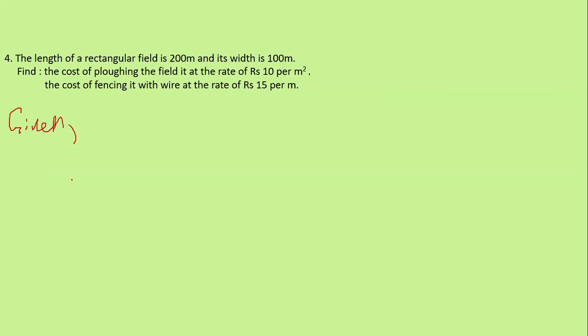The length is provided to us of the rectangular field, which is 200 meter, right? Then the width, or we can say breadth, is provided to us, which is equals to 100 meter, right? Now we have to find the cost of plowing the field.